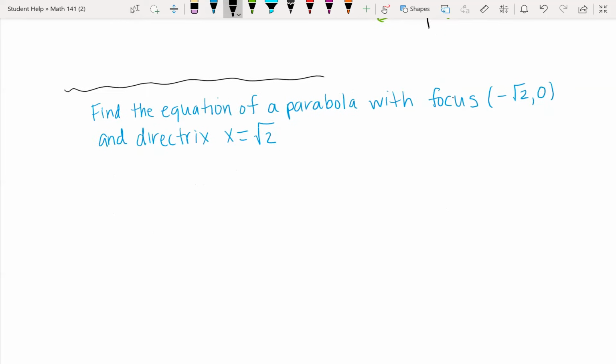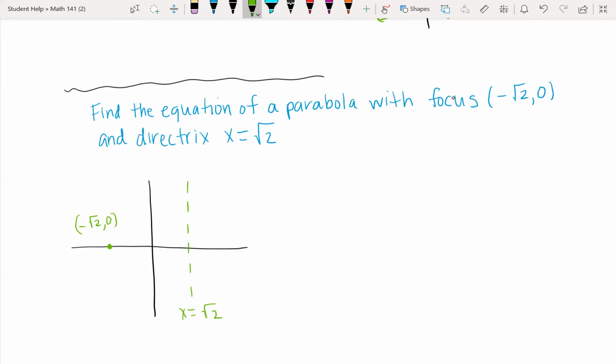Let's draw a picture of this. So we know that at -√2, 0, we have a focus point, and then the directrix is at x equals √2 over here, and the vertex has to be in the middle of those.